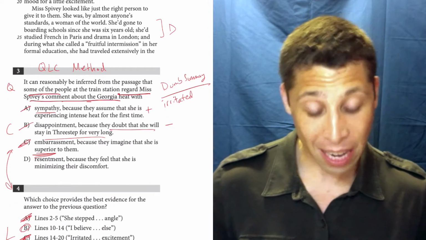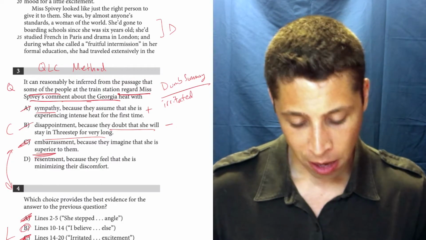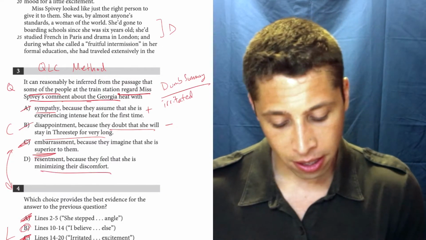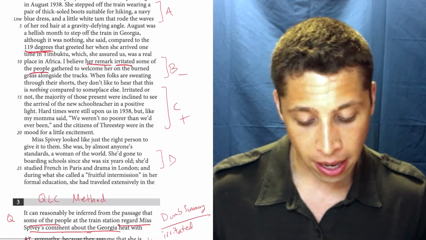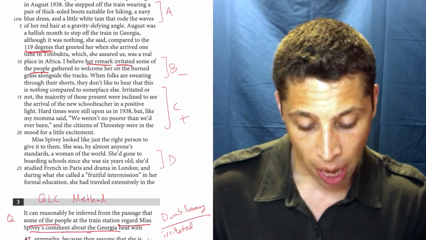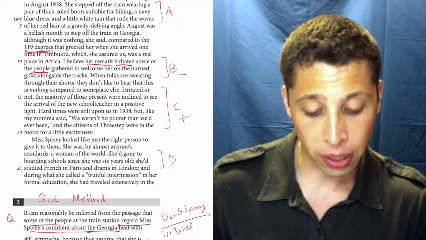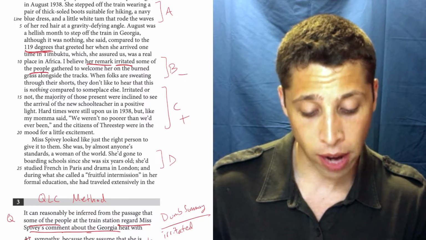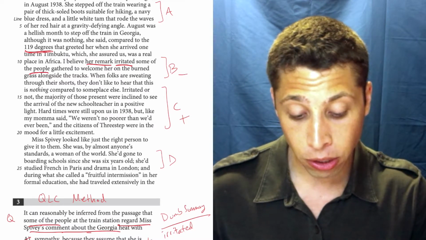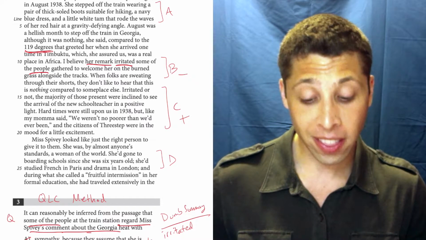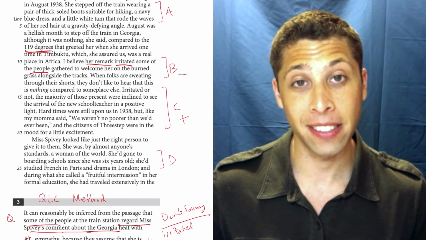D, resentment, irritation, because they feel that she is minimizing their discomfort. That seems right because look at what it says. I believe her remark irritated some of the people gathered to welcome her on the burned grass alongside the tracks. When folks are sweating through their shorts, they don't like to hear that this is nothing compared to someplace else.